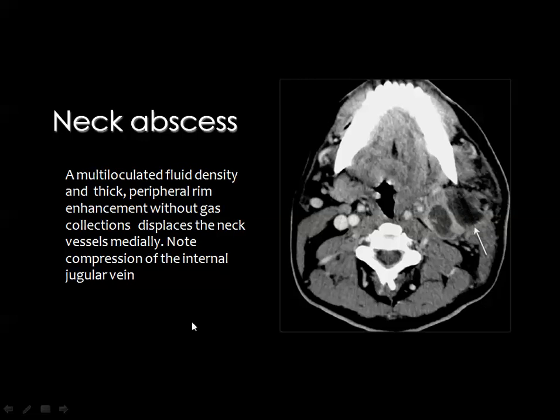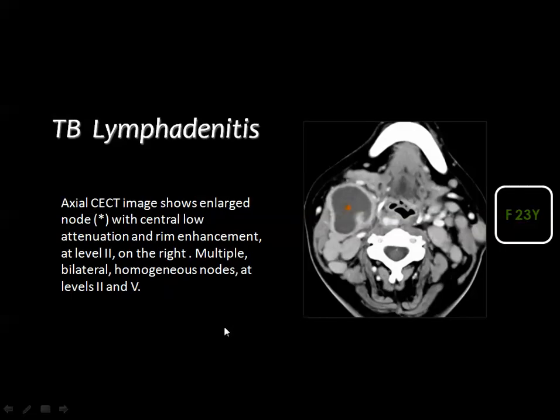And this is a patient with tuberculous lymphadenopathy, and you see some of the nodes are homogeneously enhancing, indicating that this is the acute phase, and the other nodes are centrally necrotic, simulating an abscess, and this is the subacute phase of tuberculous lymphadenitis.